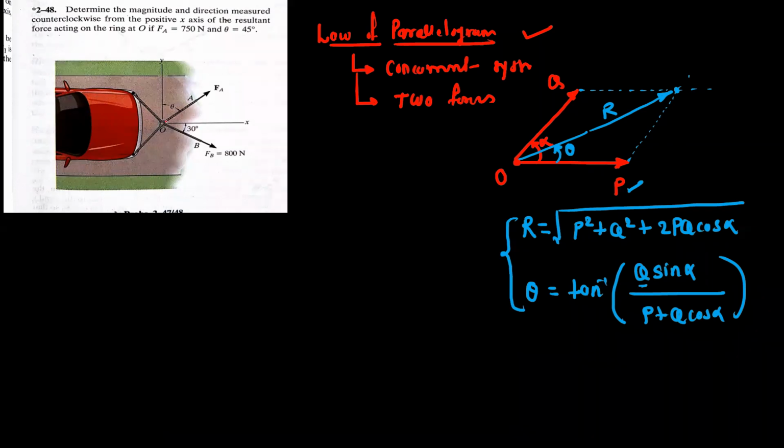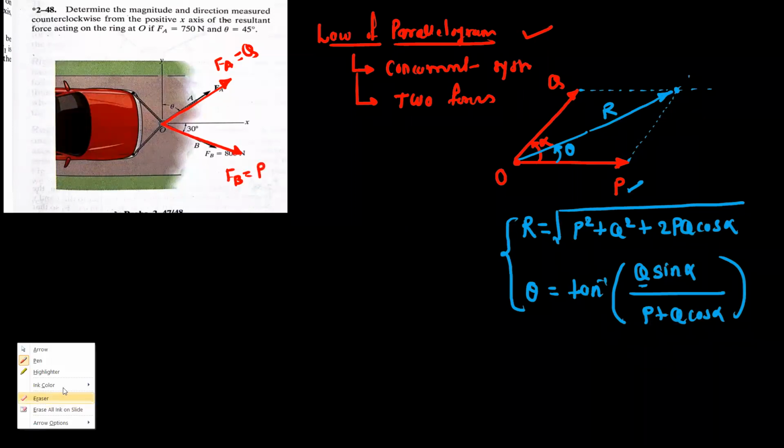So here, this is the first force, which is given as FA. We can assume this force FA as Q, because we will refer to this formula. Then this is FB, so take this force as P. Now from these two vectors, construct the parallelogram.